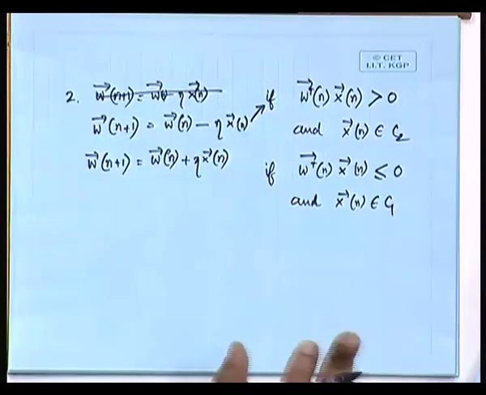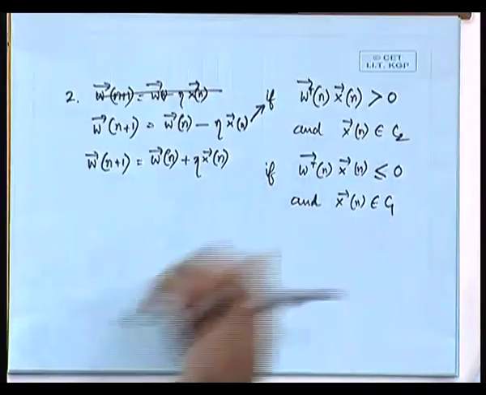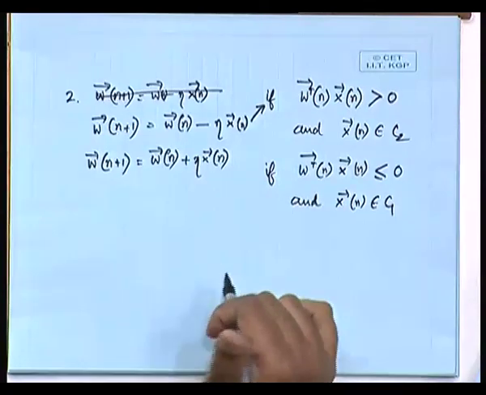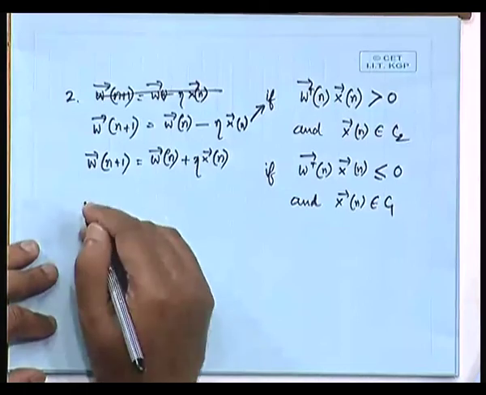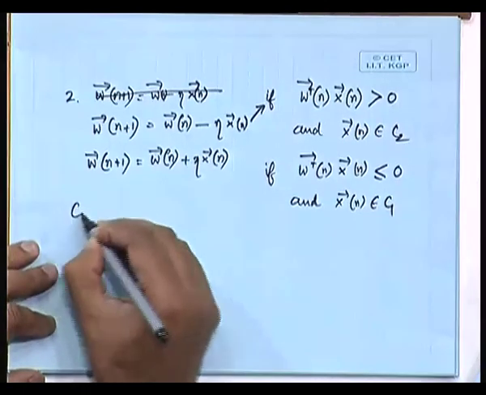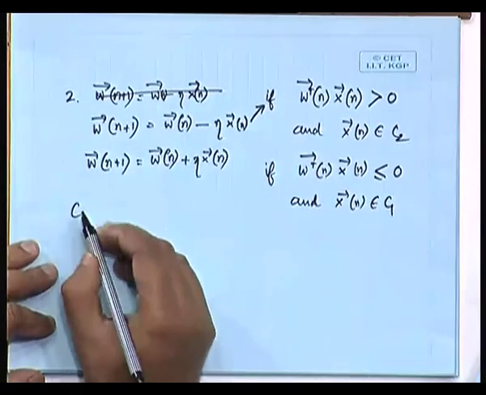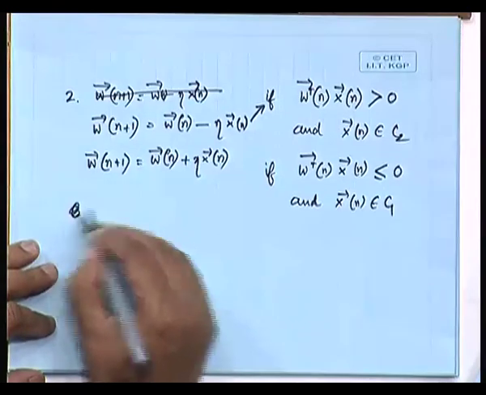So, with this updating strategy, again I repeat, for correct classification no updating, for wrong classification just update according to the standard learning rule. Now, based on this updating policy, we are going in for the convergence theorem, or the proof of convergence.